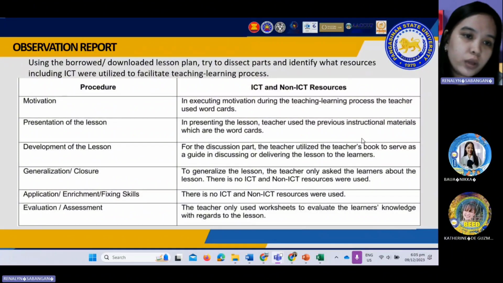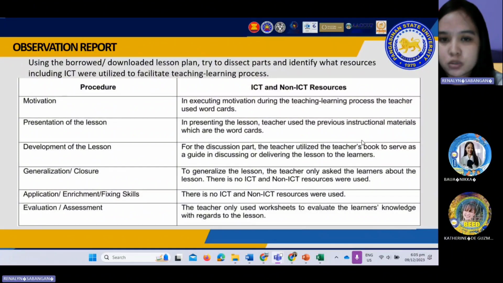And for the third one, we have the development of the lesson. In this part, the teacher utilized the teacher's book to serve as a guide in delivering the lesson to the learners. Next is the generalization or the closure. To generalize the lesson, the teacher only asks the learners about the lesson, and in this part, no ICT and non-ICT resources were used.